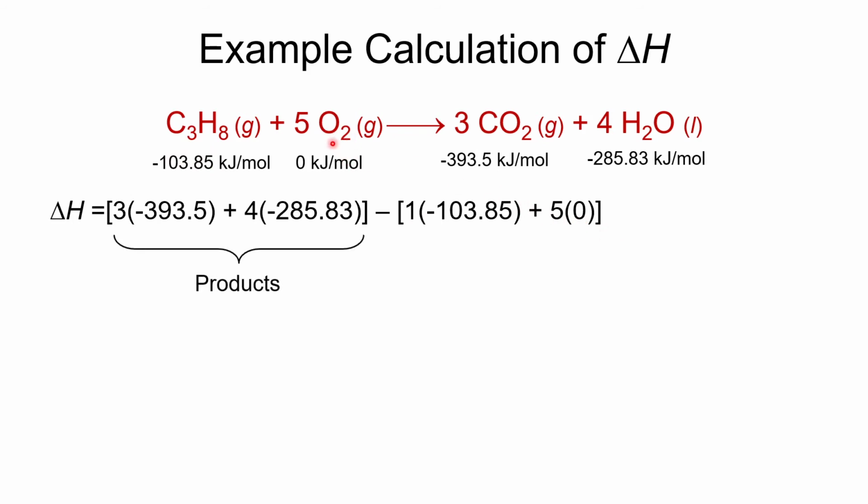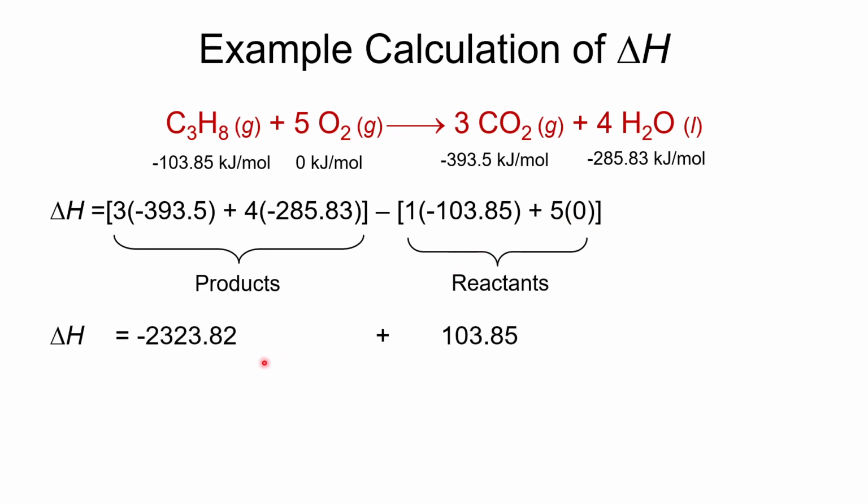If it's an element in its elemental form, and be careful about this, it has to be the right state, it'll have an enthalpy of formation of 0. So products minus reactants. And then finally, we get negative 2219.97. However, if we round to the 10th place, we're going to get negative 2220.0.